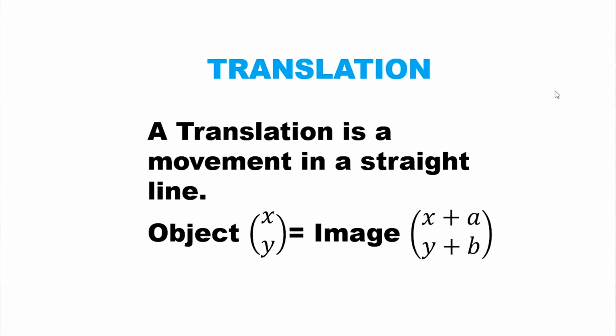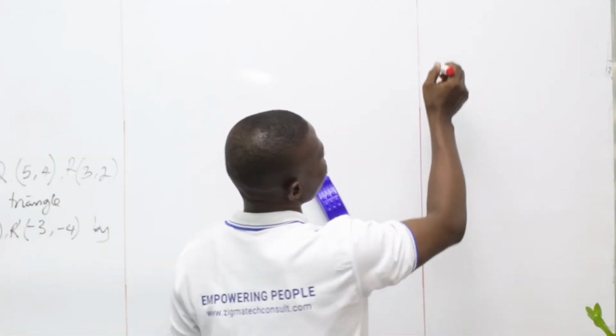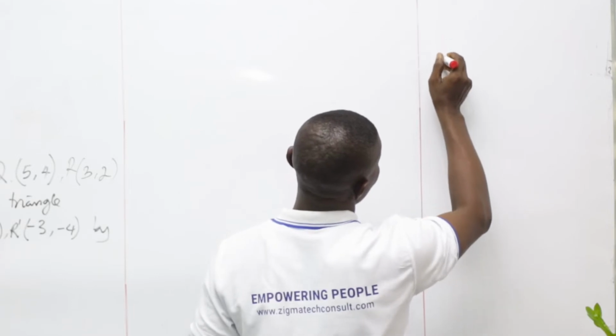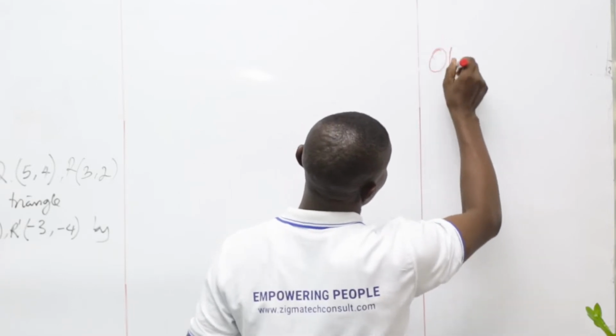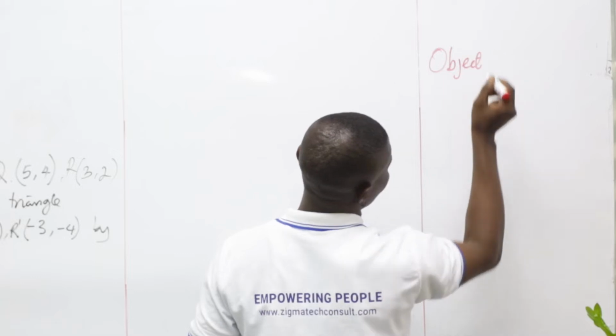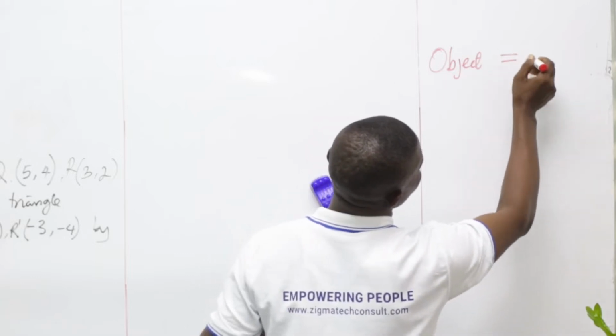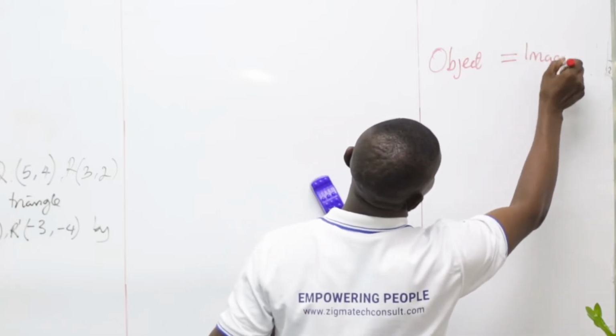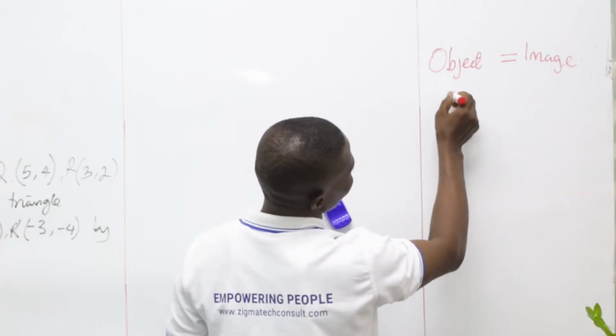Okay, there is a formula that we can apply to solve a translation given the object. Let's say object is always equal to image. Now look at object (x, y).